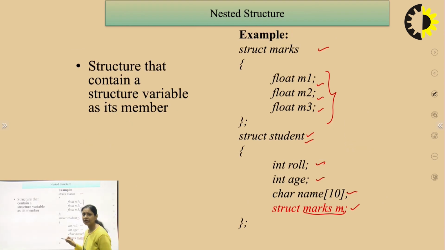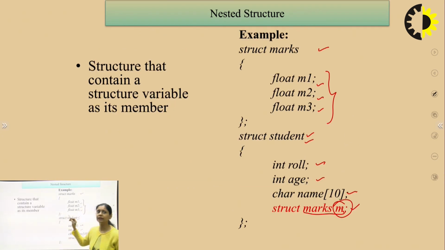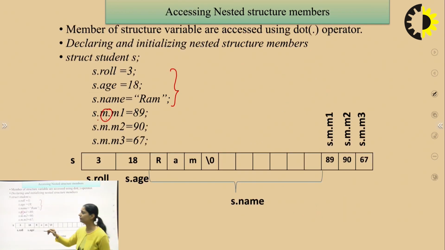Now, because we have a structure marks being called with a member m, here we'll have s.m. Now, this m will call back to this marks structure, and then we need to access these members. So we'll have to use another dot operator to access M1, M2 and M3.